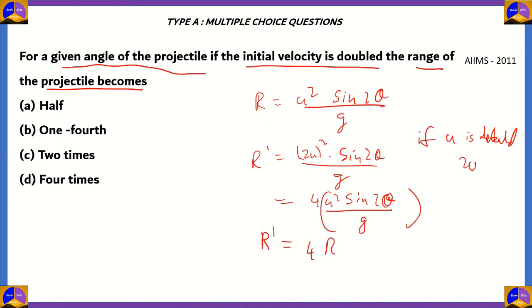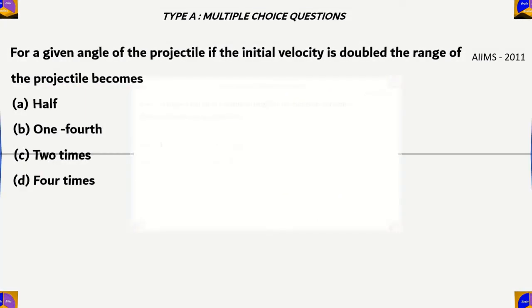So the range of the projectile increases 4 times as much. So option D, 4 times, is the right answer. And again, we use the formula R equals U square sine 2 theta divided by G in order to prove it.